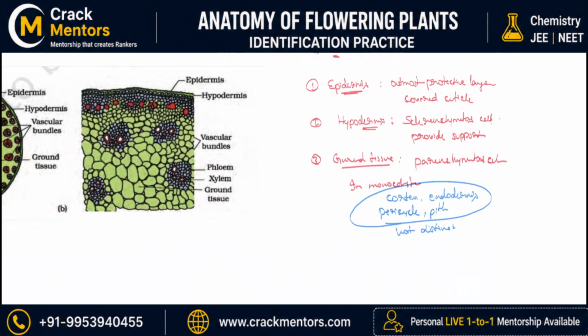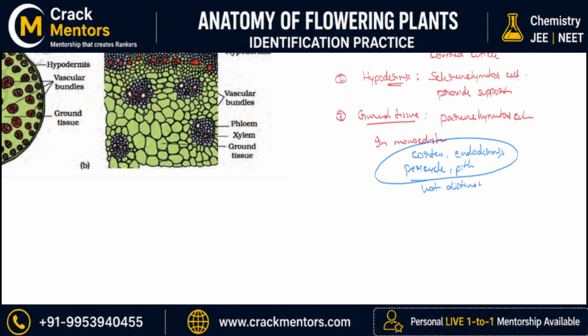We can't differentiate between them, and all these together are seen under the ground tissue. After the hypodermis, the cortex, endodermis, pericycle and pith are not distinct and all are grouped together and studied under ground tissue. The function of ground tissue here is storage. So we are seeing epidermis, hypodermis and then ground tissue. After ground tissue, the 4th part we have is the vascular bundles.